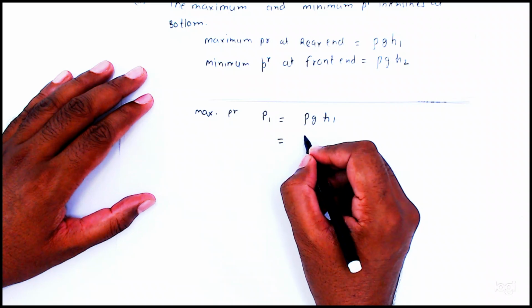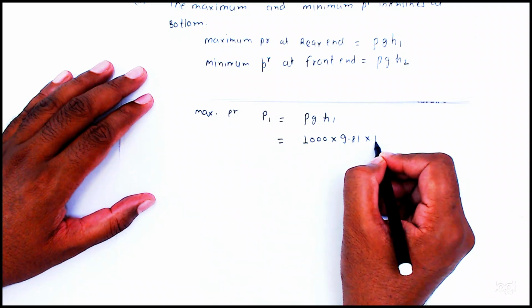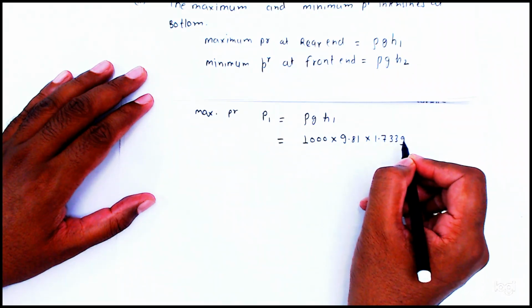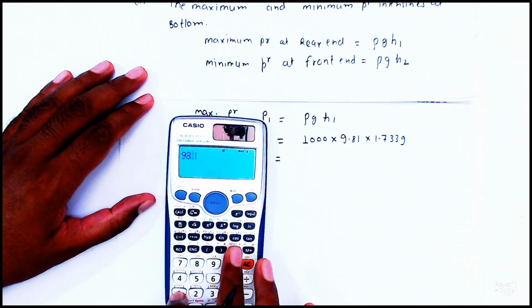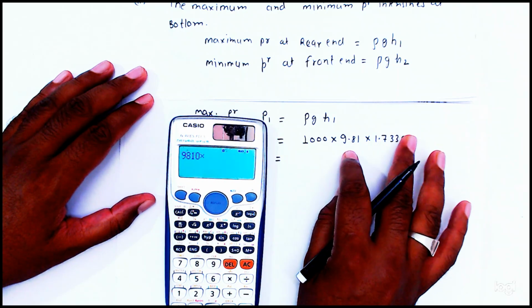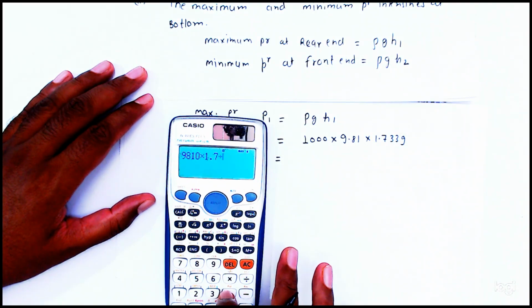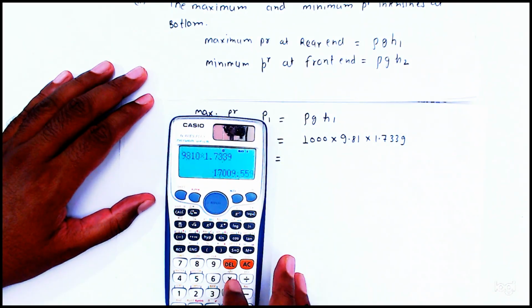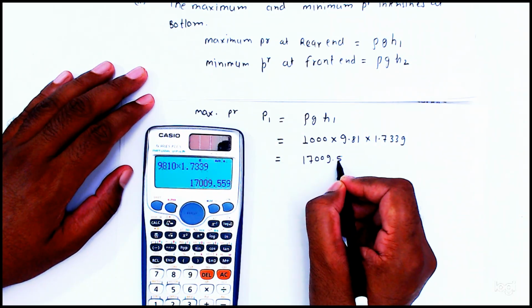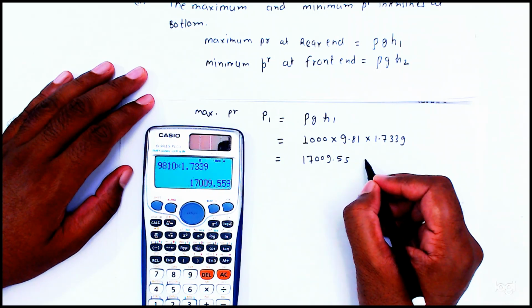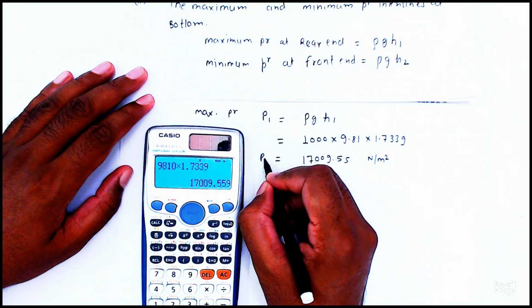Rho is the water density, 1000, into 9.81 into 1.7339 meter. So 9810 into 1.7339 will come to 17009.55 Newton per meter square.